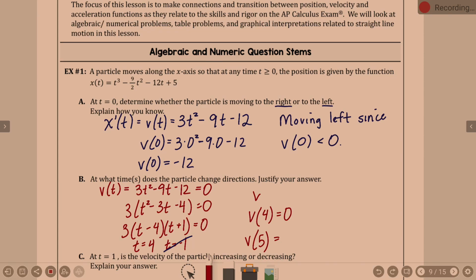So we know the velocity at 0 is negative. So all we have to show is that a velocity bigger than 4 is positive.